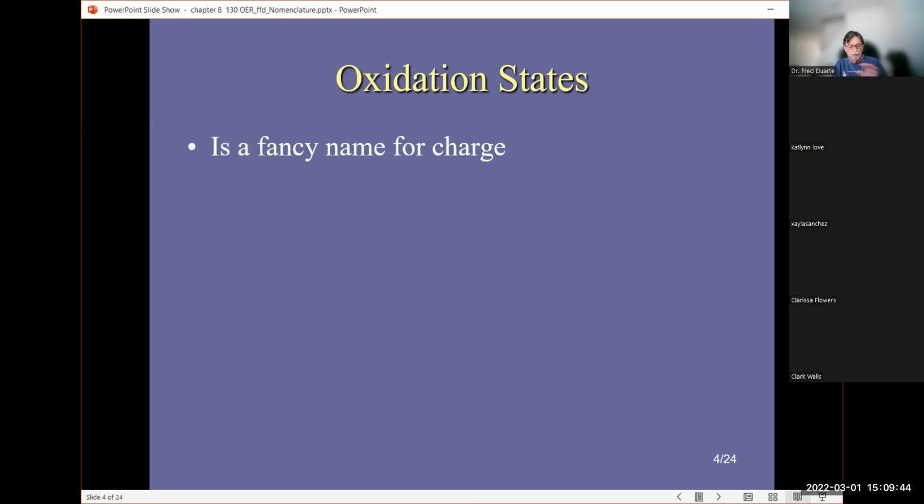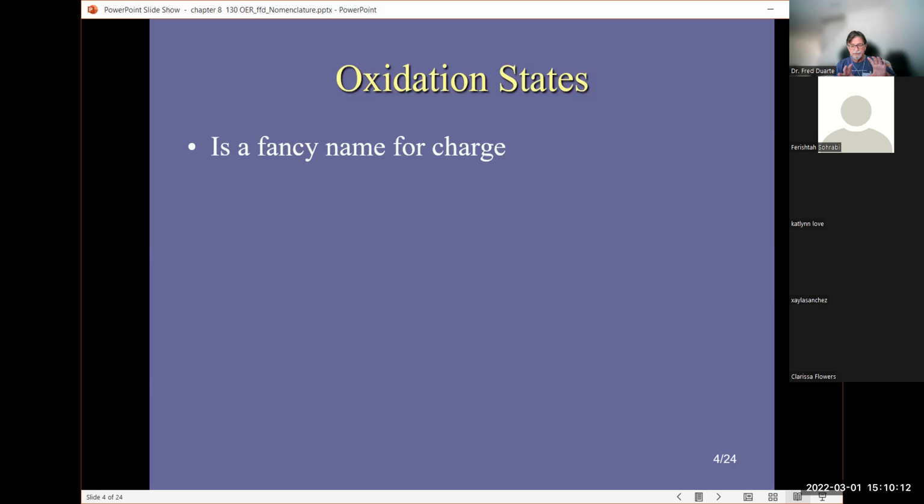With ionic compounds, there's no question, there's a full charge on the cation and a full charge on the anion, so we can literally talk about a charge. With covalent compounds, there is not a full charge; there's a partial charge denoted by the delta. So it's kind of ambiguous between the two.